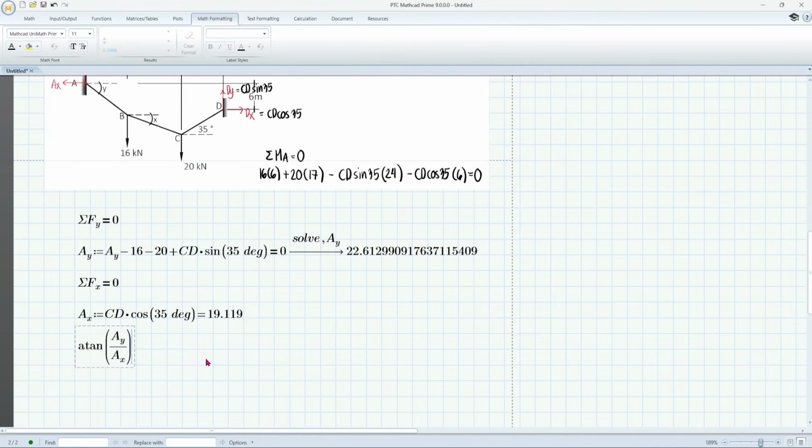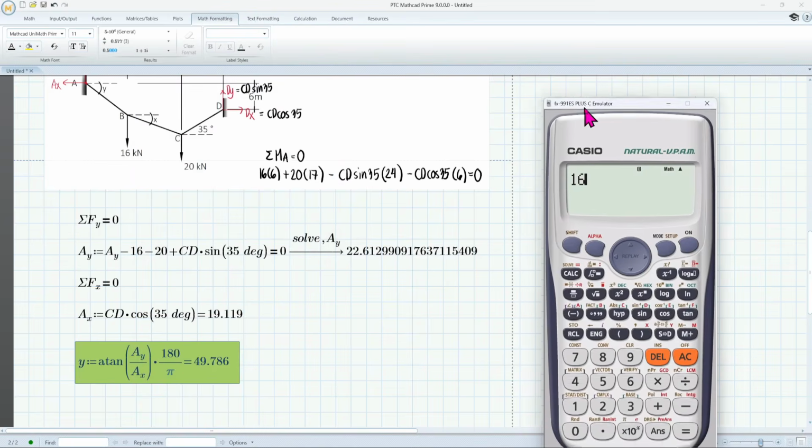So, multiply natin by 180 degrees over pi. Sa calculator mo, wag mo nang gawin ganyan. Dito lang sa MathCAD. So, our answer for the angle theta or angle Y, ito yan, 49.786. In your calculator, automatic lang.